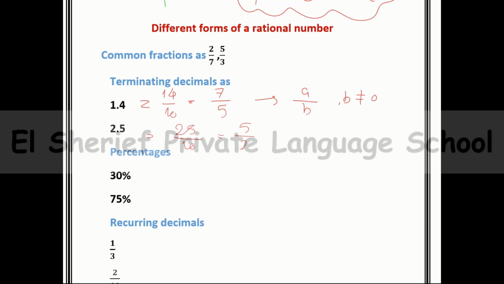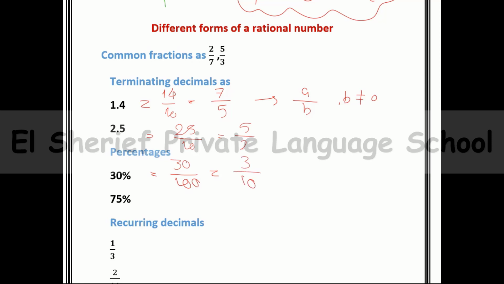Percentage: 30%. 30% is equal to, I know that a percentage is a ratio with denominator 100. So 30 over 100, in the simplest form, is equal to 3 over 10.